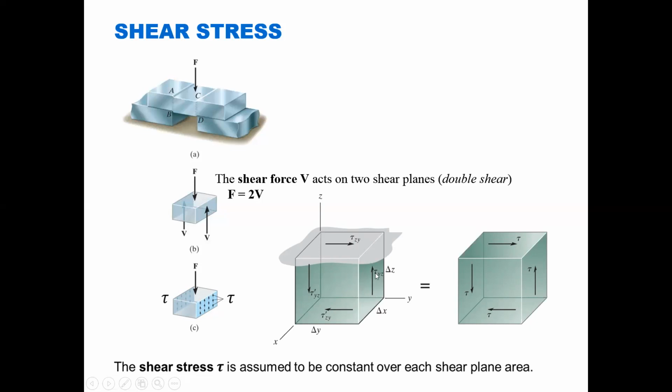This would be the shear stress that develops on that face. We have some fancy subscripts here, but we very quickly dispense with that and just use the tau values here because these are all equal. We're going to find out a little later in the class why these are all equal, but for right now, all we're really looking at is this shear stress on this face. Okay, so this shear stress here is the same as this shear stress here.